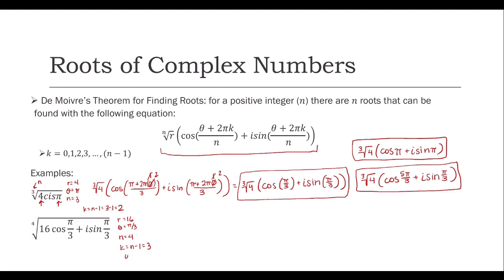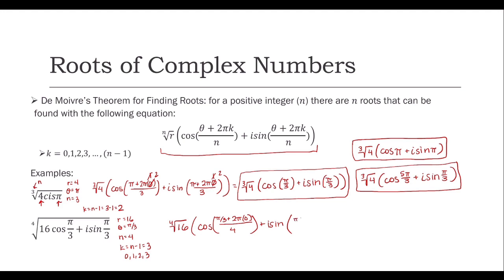So we're going to do 0, 1, 2, and 3. So we'll have the fourth root of 16 times the cosine of pi over 3 plus 2 pi times k, which our first k value is 0, over n, which is 4, plus i sine of the same thing.